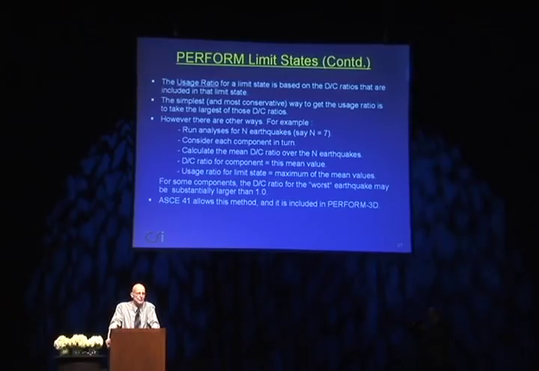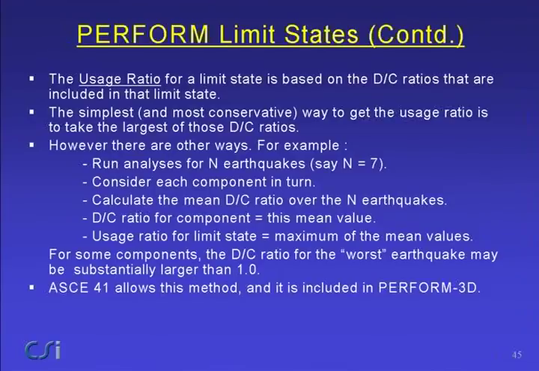You would consider each component in turn, basically each hinge in turn. And for that hinge, you've got 7 demand capacity ratios, 1 for each earthquake. Take the average value, the mean value of those for that component, and then the usage ratio for the limit state is the maximum of those mean values.